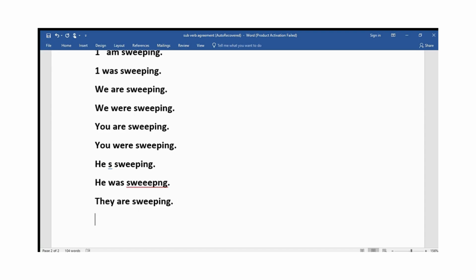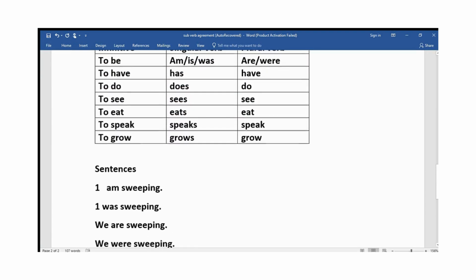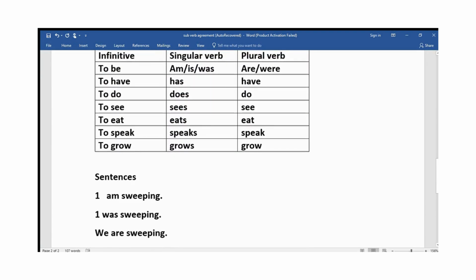And they were sweeping. Good. So this is the concept of subject verb agreement.